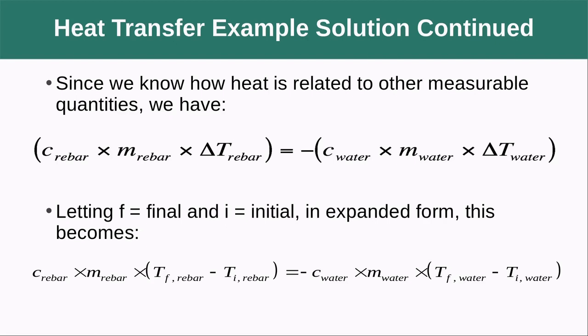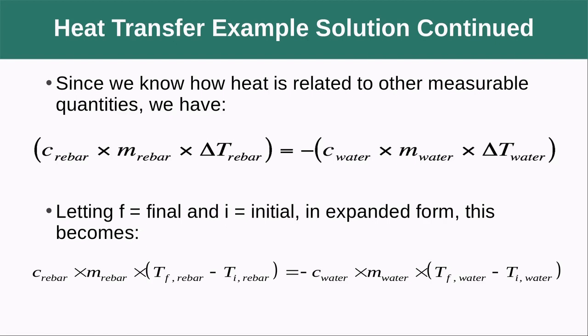We have the specific heat capacity of the rebar, and the mass of the rebar. We could look up the specific heat capacity for steel in table 5.1. The mass of rebar was given to us in the problem. The delta T of rebar is part of the question that we're asking. We knew its final temperature, but we don't know what the initial temperature was.